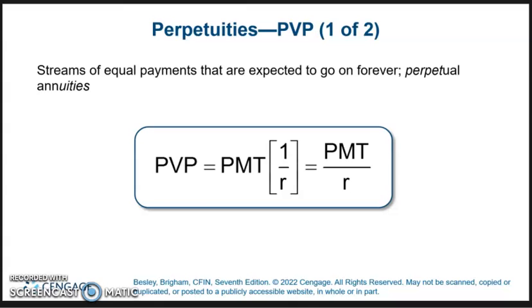They are used by European governments. They are bonds that are issued and they stay outstanding perpetually. I honestly don't know if companies use perpetuities or consuls or not. I wouldn't be surprised if they do, but I honestly don't know.